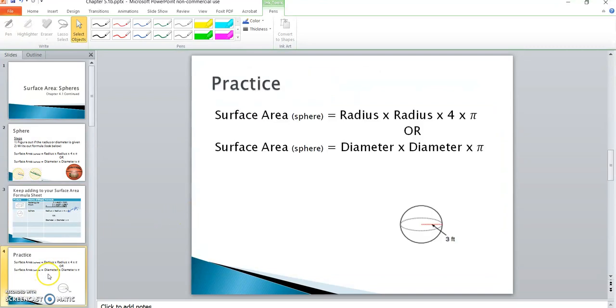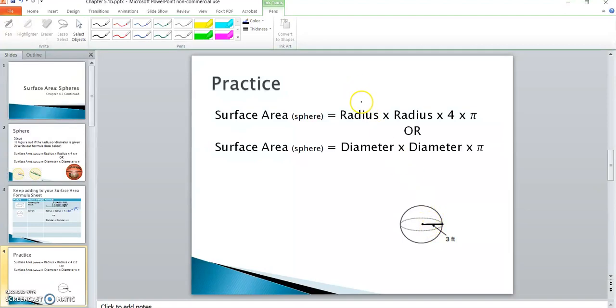Okay? So let's get back to this. Again, the very first step is to figure out if we have the radius or the diameter in our picture. In this picture, you'll notice that the line is only going from the middle to the outside.